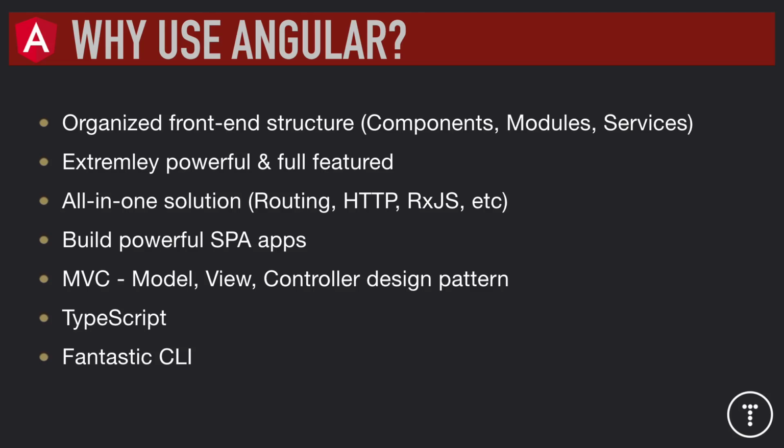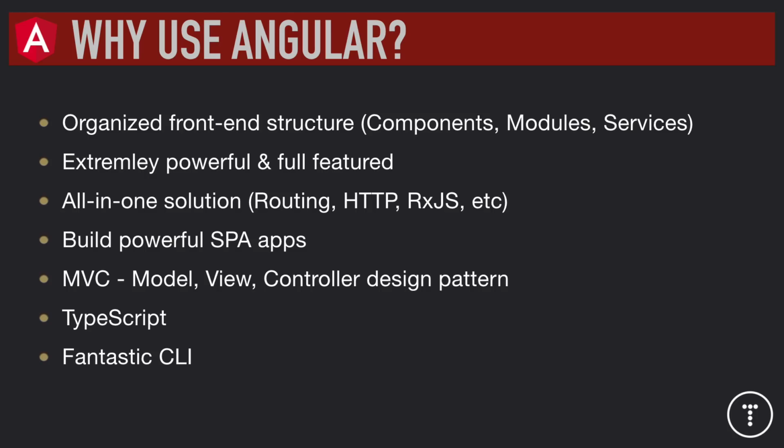All right, so let's take a look at some reasons to use Angular. As with any framework, it gives you an organized front-end structure. So all your user interface parts are basically components, reusable components. We also have modules and services, which we'll be getting into a little later. Angular is extremely powerful and full-featured, and this is great if you're building something really big and intricate.